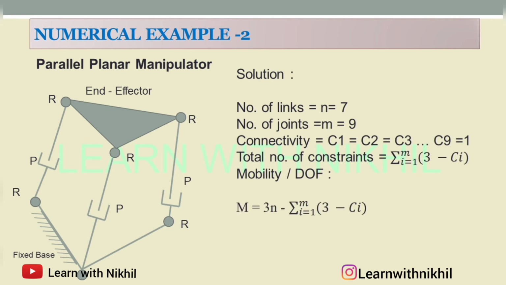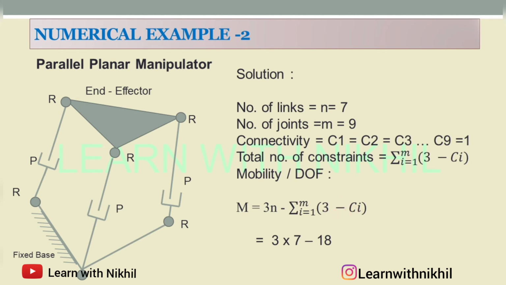Putting in the formula of mobility and degree of freedom, m is equal to 3n minus total number of constraints. n given is 7. So the equation will be 3 into 7 minus 18. Now how did this 18 come? As I earlier told you, 3 minus 1 gives us 2.